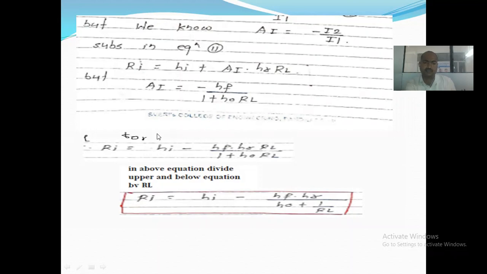So this is nothing but the equation for the Ri, but see, in this equation we divided the upper side and lower side by RL, right? So HI as it is minus of HF HR divided by RL. It indicates that RL should be cancelled, meaning HF HR RL divided by RL. So here RL gets cancelled.